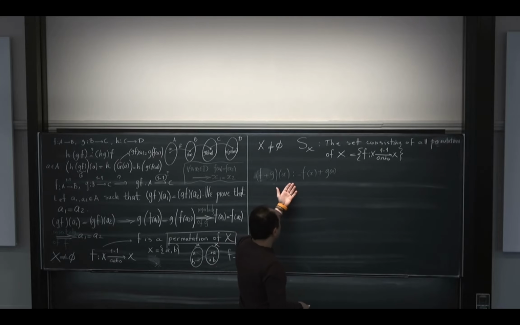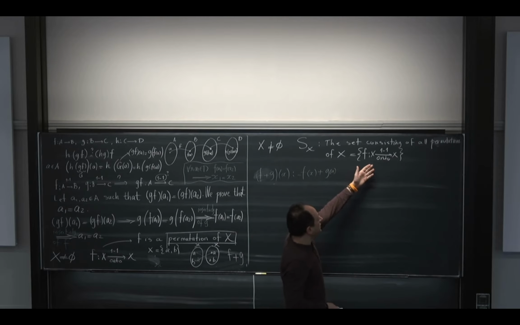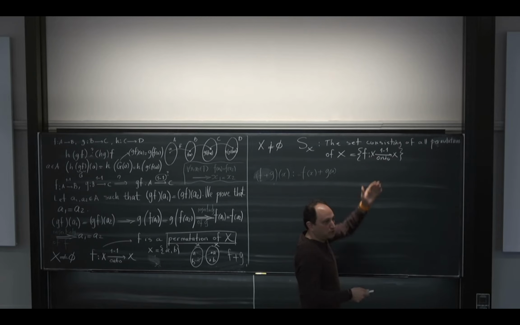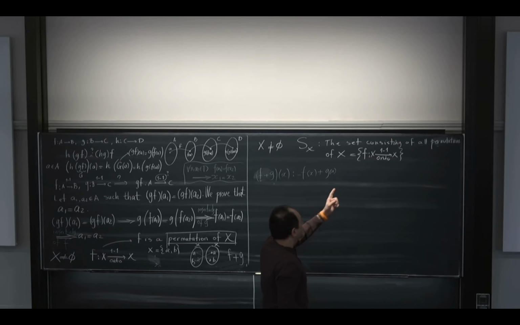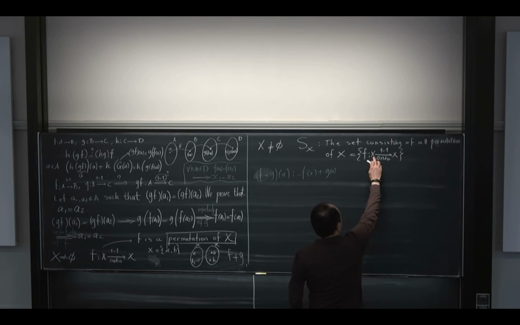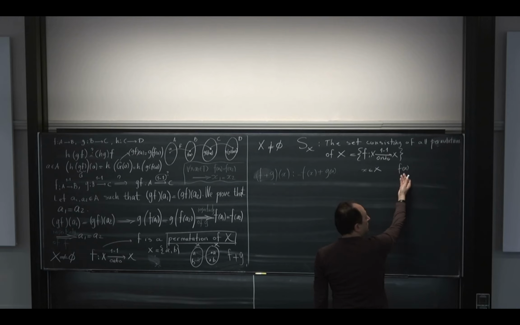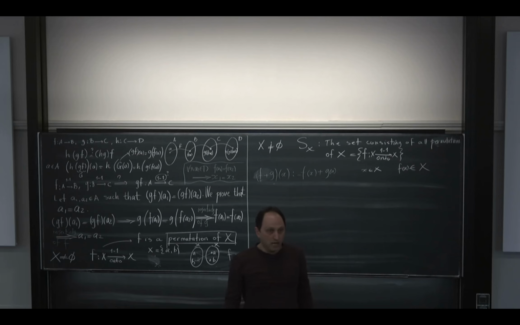Hopefully you see that this is not in general true for any x. Here I don't know what is inside X. The elements in X might not even be numbers. Do you understand that? If I choose x in X, what is f of x? Is it a number? No. What I know is that f of x is in X, and I don't know what the elements in X are.